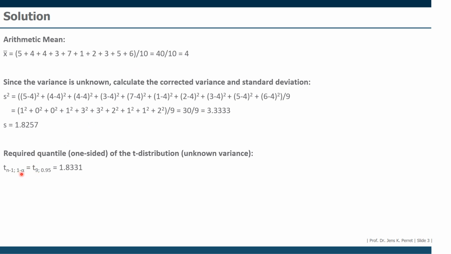Then 1 minus alpha, alpha being the margin of error. Here we have a margin of error of 5%, so we subtract 0.05. So we have the value t9, 0.95. This value we can look up in the table for the t-distribution. Then we're going to find a value of 1.8331. So that's the value we're going to use for the respective quantile.